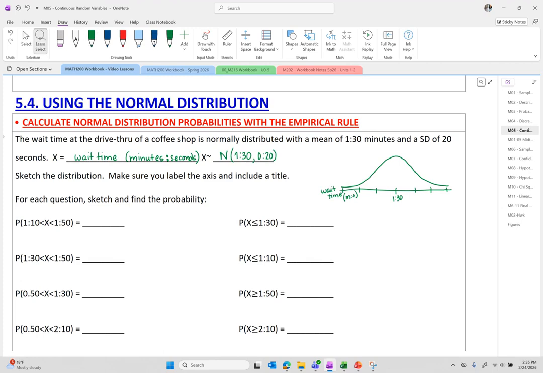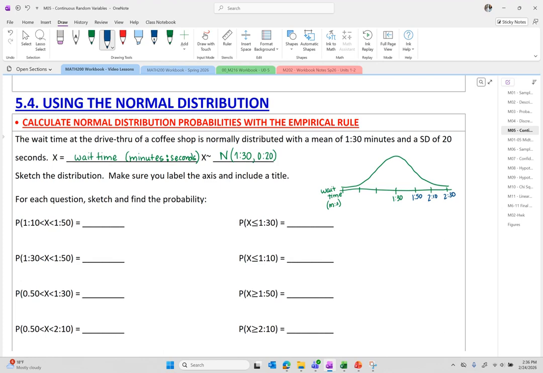That includes 99.7% of the data of the normal distribution. Every tick mark is 1 standard deviation. So 1 minute 30 seconds plus 20 seconds will be 1 minute 50 seconds for the first tick mark to the right, 2 minutes 10 seconds for the second tick mark, and 2 minutes 30 seconds for the last tick mark on the right.